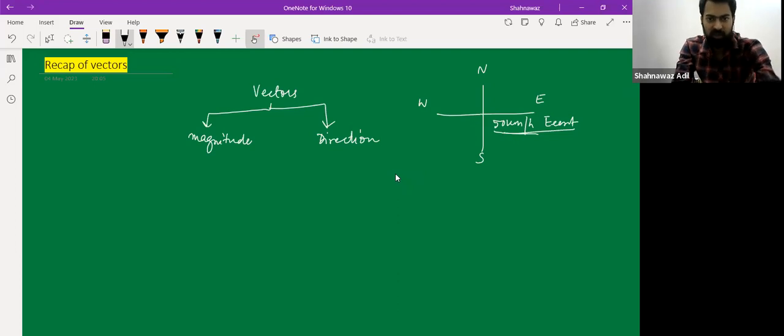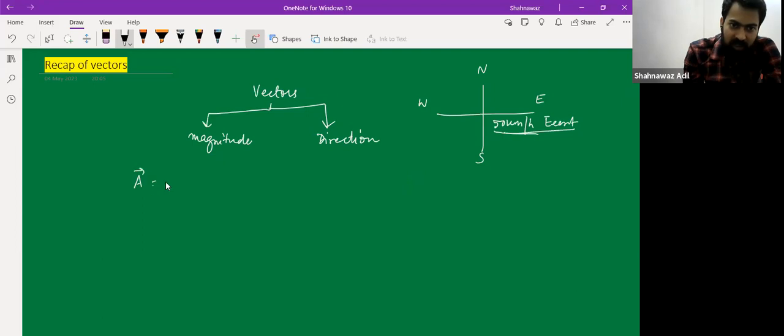You already learned about vector quantity and scalar quantity in your 11th class, so I will just give a brief recap. You can represent a vector like this: A magnitude and then A hat.